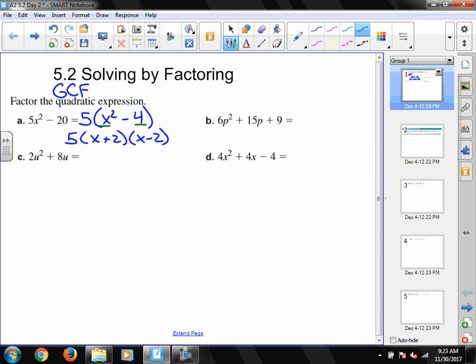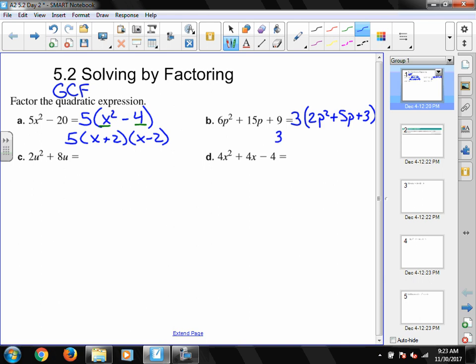So I take my 3 out front, and 6p squared divided by 3 is going to leave me with 2p squared, plus 15p divided by 3 is going to be 5p, and plus 3.